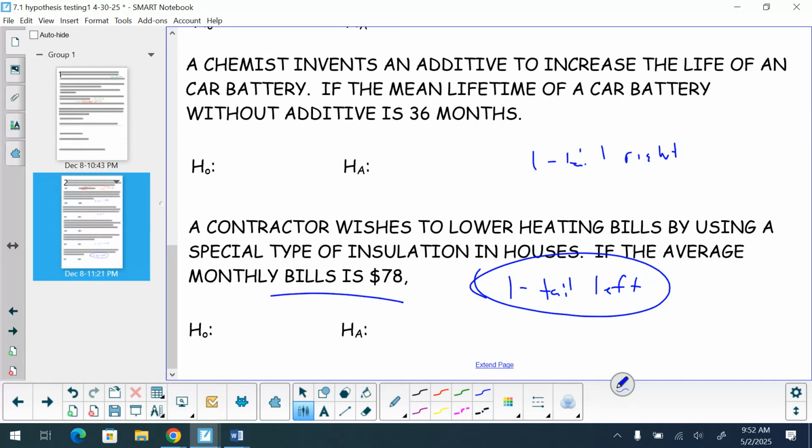Once you write the null and alternate hypothesis, what you should then write is one tail or two tail, left or right. One tail, left or right, or two tail. You should write that there because, once again, you're going to be getting critical values. Critical values are going to be coming from our t-table.